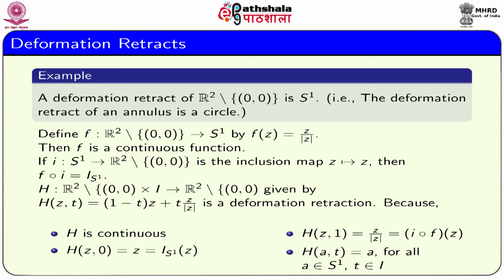So, what I get is that the punctured plane R2 minus 0 and the circle S1, if these two spaces are given, then S1 is a distinguished subspace of R2 minus 0. It is the deformation retract of the punctured plane.